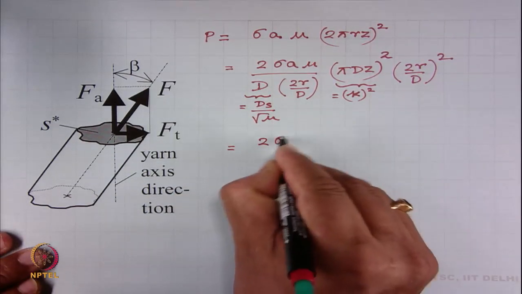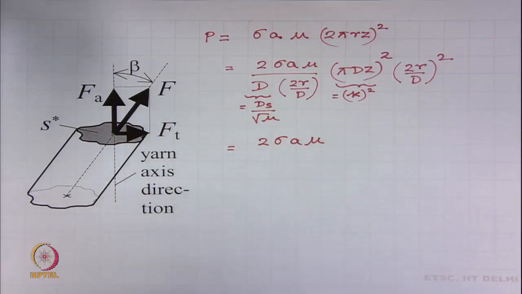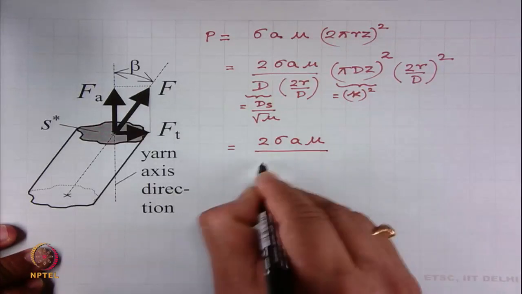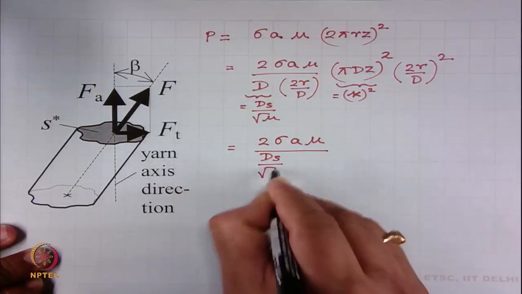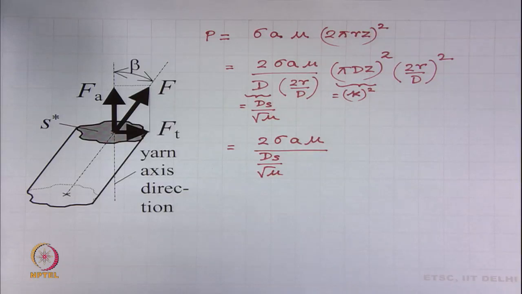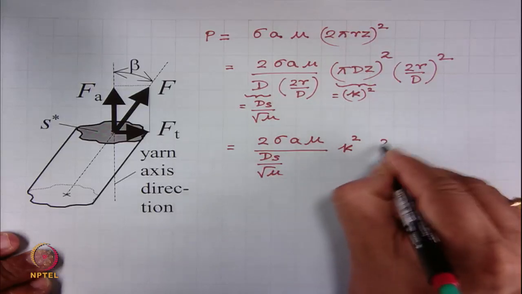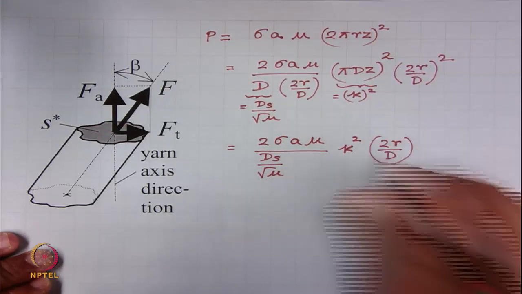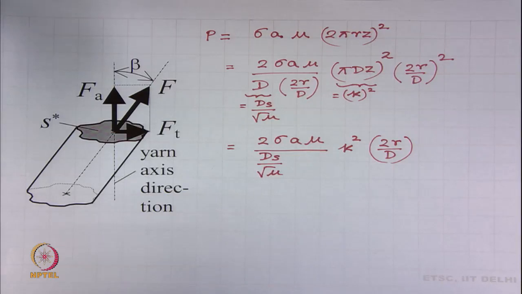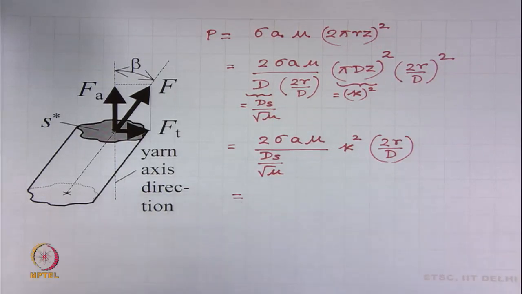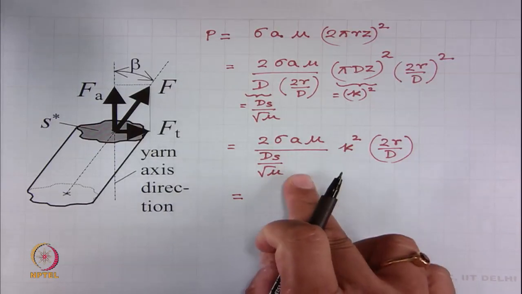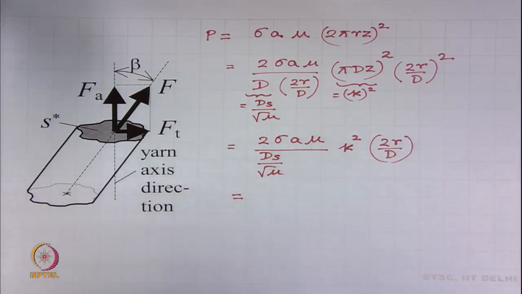So, 2 sigma a times mu by d s by mu, then your kappa square and 2 r by d, is not it? Okay. Two sigma a u by d s by mu and kappa square 2 r by this.